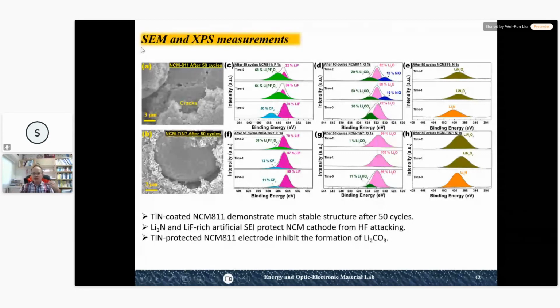From this data, we can see that because we use a titanium nitride coating on the surface of the NCA811, it will create a lithium nitride and lithium fluoride rich artificial SEI, to protect the NCA cathode from HF attack. Also, the titanium nitride protecting the NCA811 electrode can inhibit the formation of lithium carbonate.